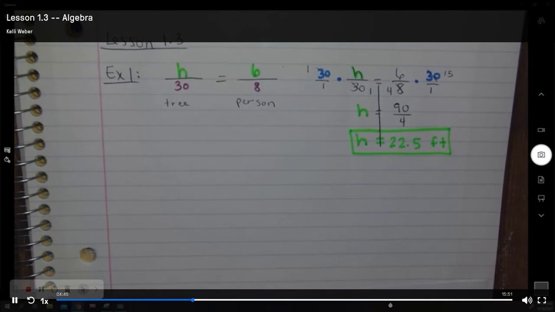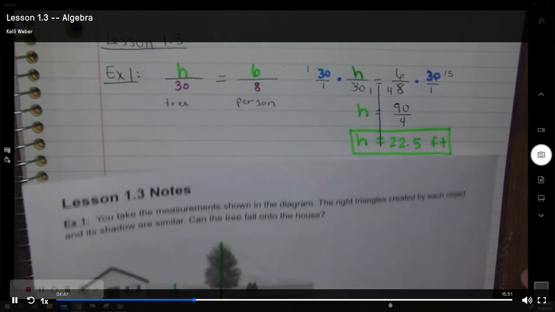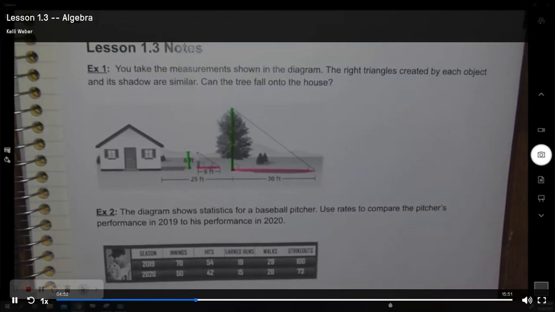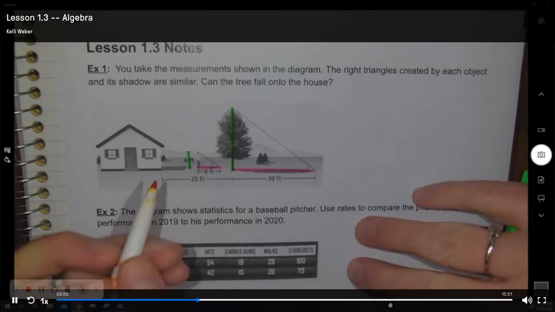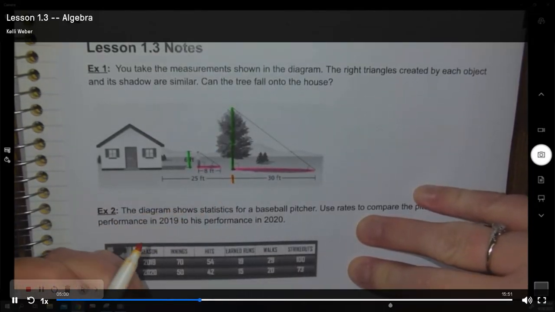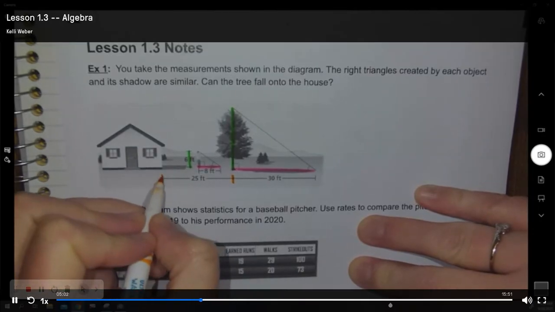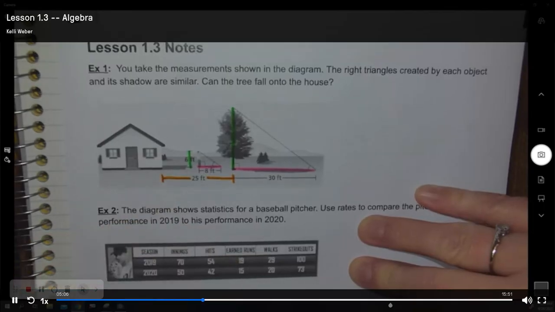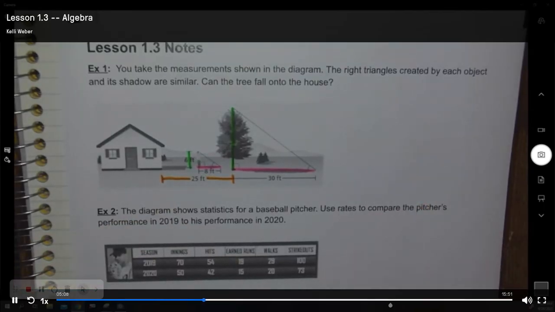So what I need to look at now is, okay, what is the space between the tree and the house? So if I look at it, here's the tree. That's where the base of it is. And here's the house. So the space between the tree and the house is 25 feet.